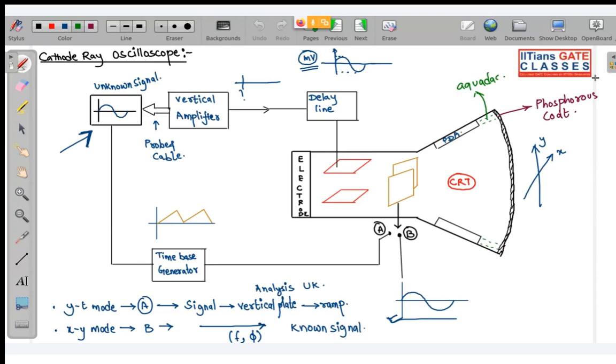Spelling for Lissajous pattern, let me write. Okay, so this is your Lissajous pattern.